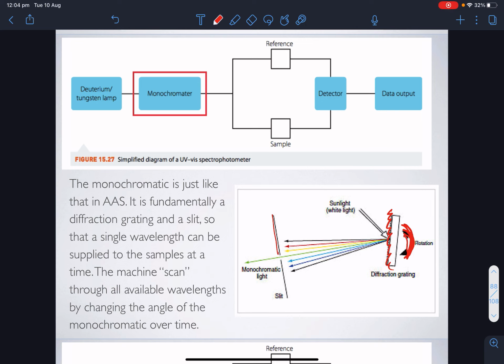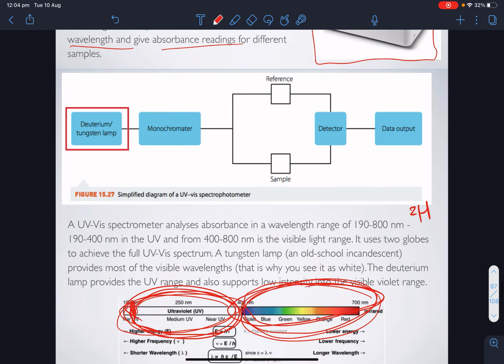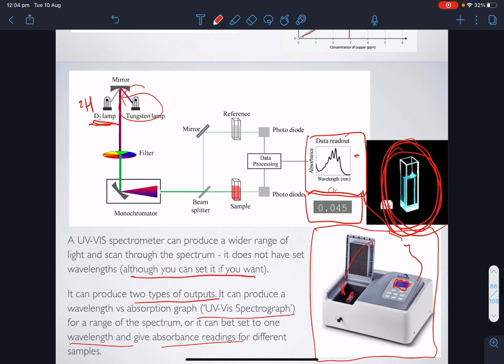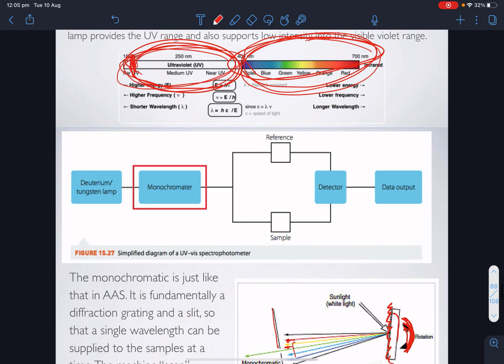So look at this, how they've got all the colors of the rainbow. This is tilted, so only that green wavelength makes it through that slit and into our sample, okay? And this will tilt over time, so then at a certain time the yellow will come through, then the red will come through, okay? So that's how we provide one wavelength at a time, by tilting that through a slit. How have they done it in the diagram here? Yeah, there we go, monochromator.